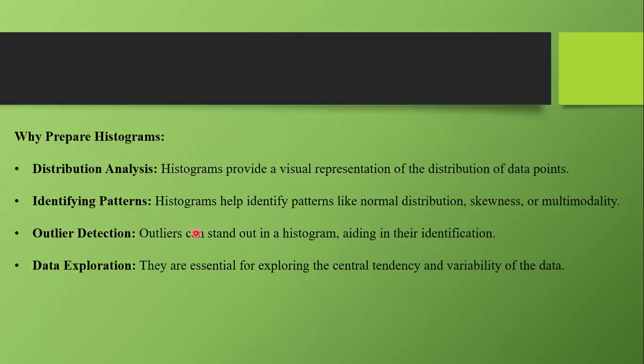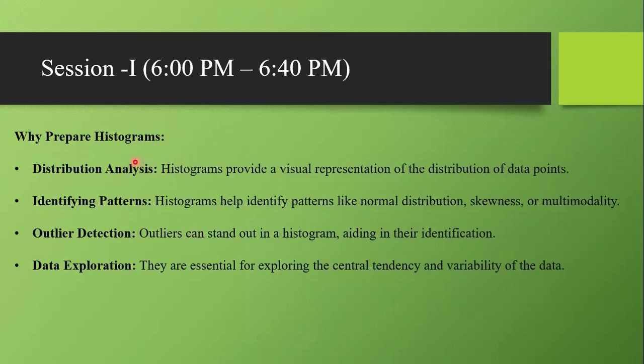Why do we prepare a histogram? What is the purpose of preparing the histogram? There are four purposes. The first purpose is to see what your distribution is, whether it is symmetric, whether it is right skewed or left skewed. So the first thing you need to see is the distribution analysis. The second thing that we can assess from a histogram is identifying the pattern. Histogram lets us know whether it is normal distribution, skewed distribution, or multimodality.